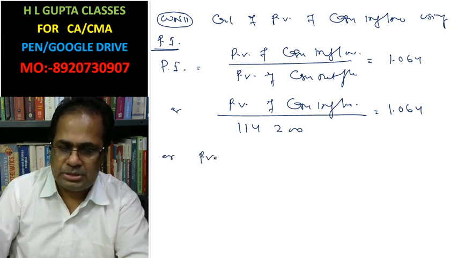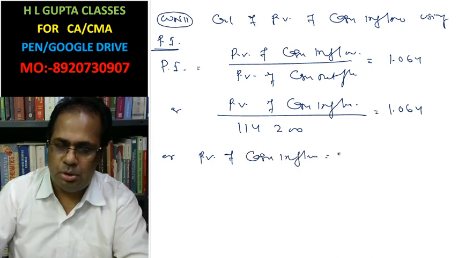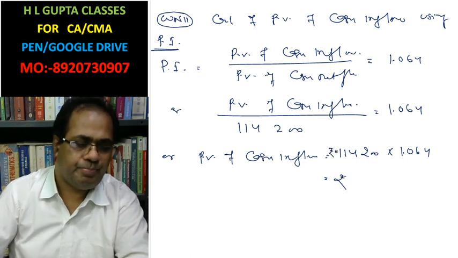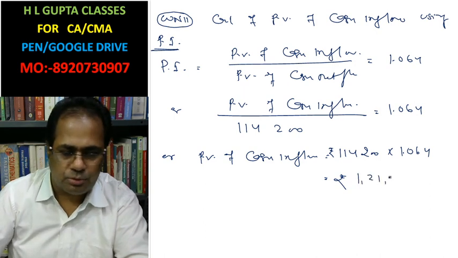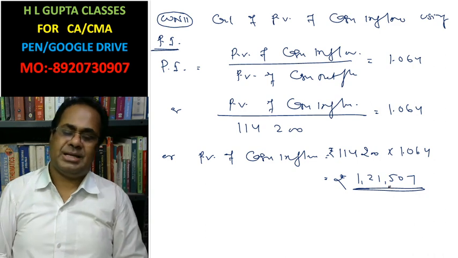Or present value of cash inflow is 1,14,200 into 1.064 rupees. After multiplying this, 1,21,507. This is the present value of cash inflow.